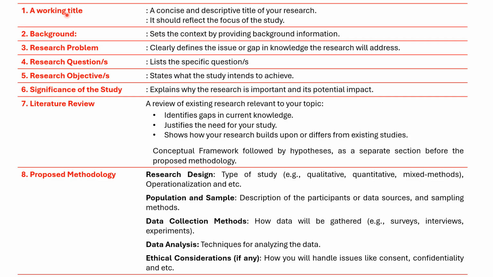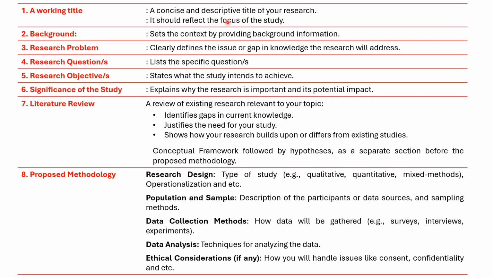And we have discussed in our previous video how to develop a research topic. So better you watch it and come back to this video for further understanding. Your research proposal should consist of a working title, and this is a concise and descriptive title of your research.